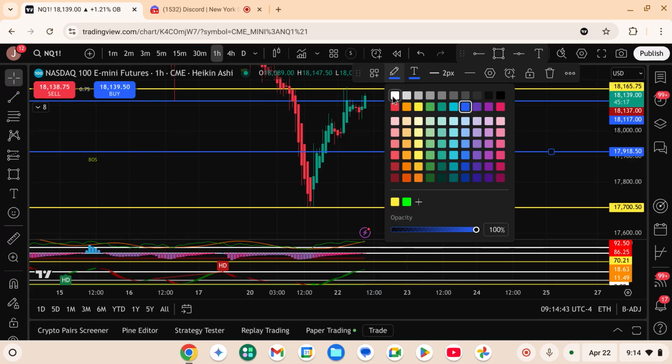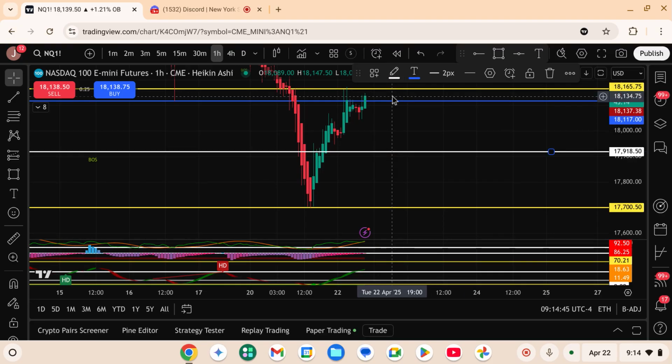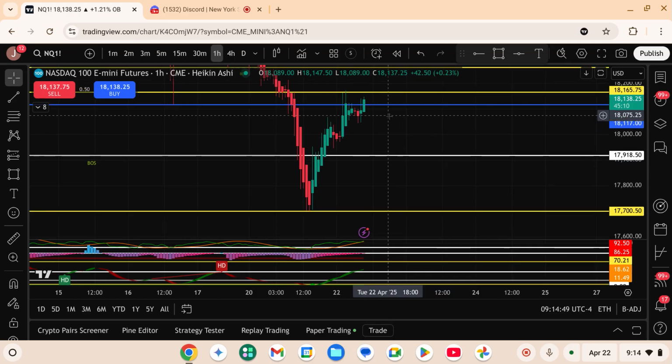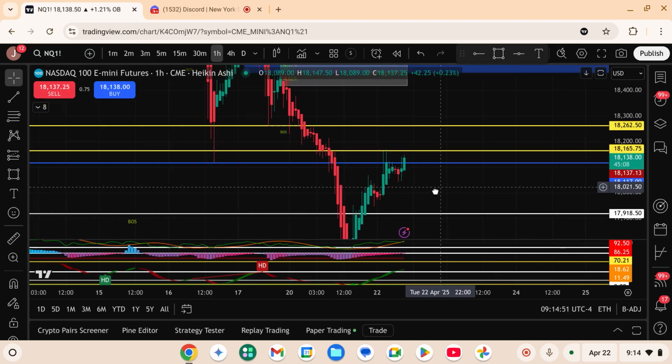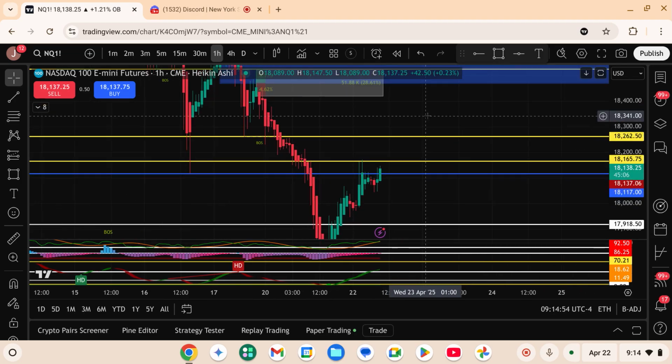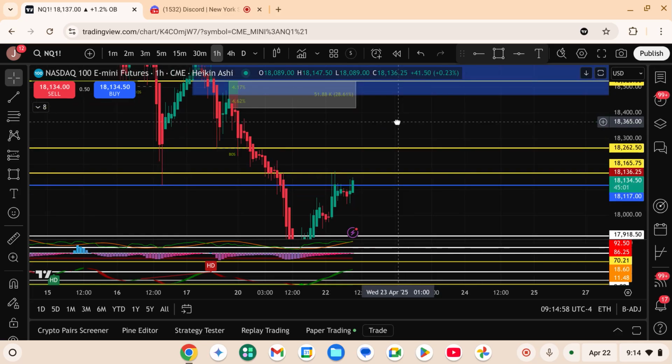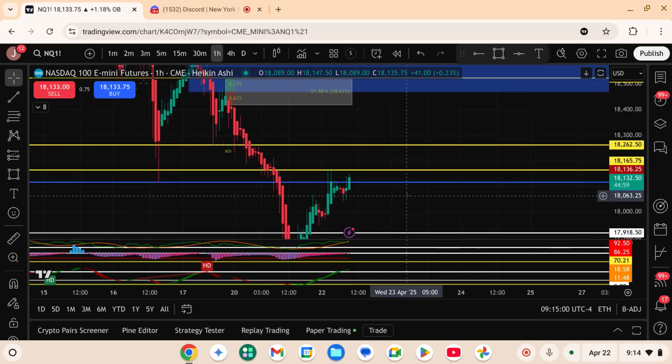Let's turn this white. Okay, that might be all the higher time frame zones that we need.